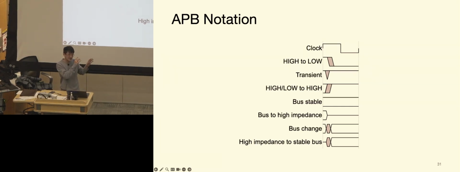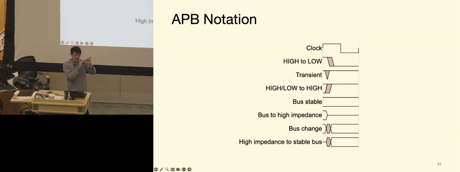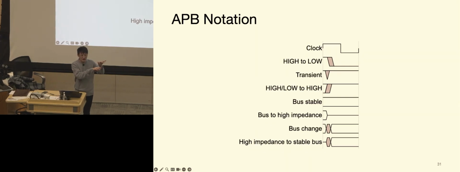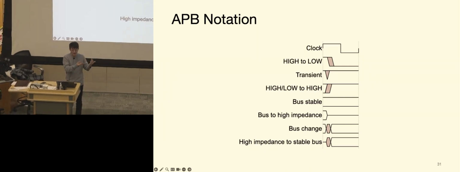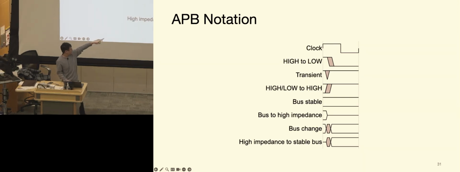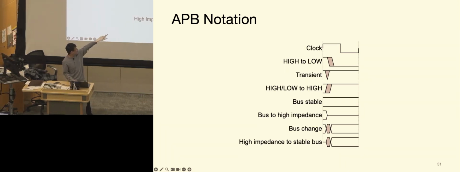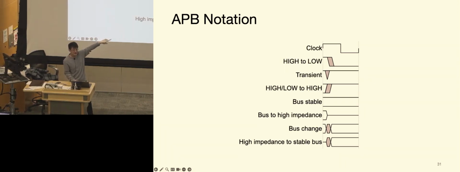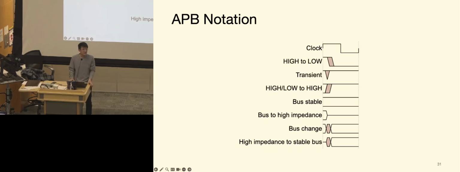It's just telling you that the bus is at a stable stage, usually when things just start coming in from the previous instruction. And then bus changes, and the high Z that we mentioned is where that peripheral or that signal is essentially electrically disconnected from the rest of the circuit.